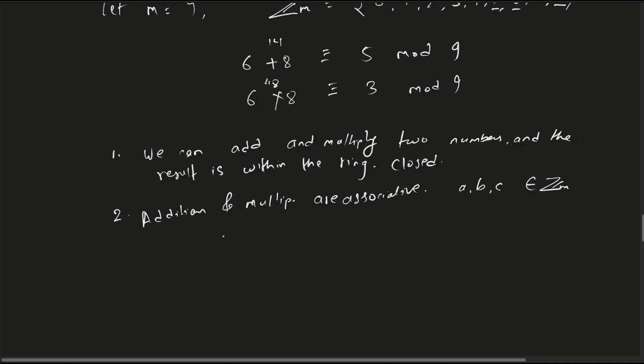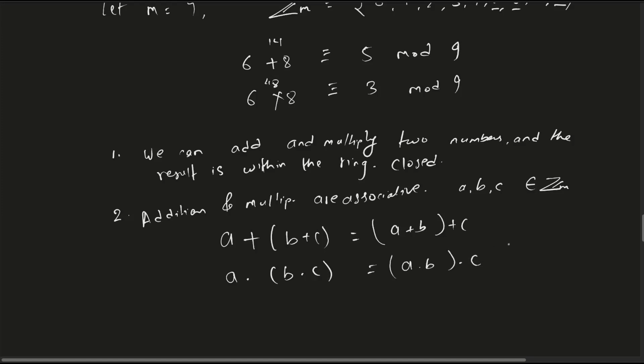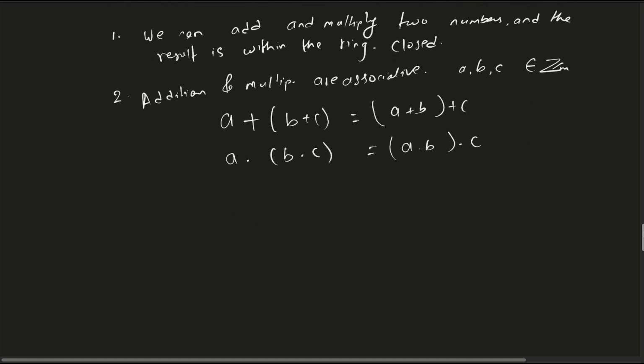We get the property of associativity in both addition and multiplication. That is, A plus B plus C should be equal to A plus B plus C, grouped either way. It's pretty straightforward, and the same thing applies for multiplication. A times B times C is going to be equal to A times B times C. This is another property.